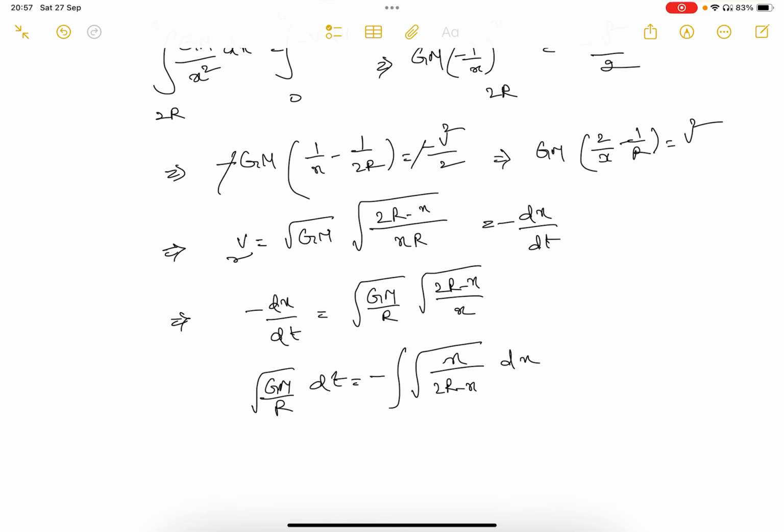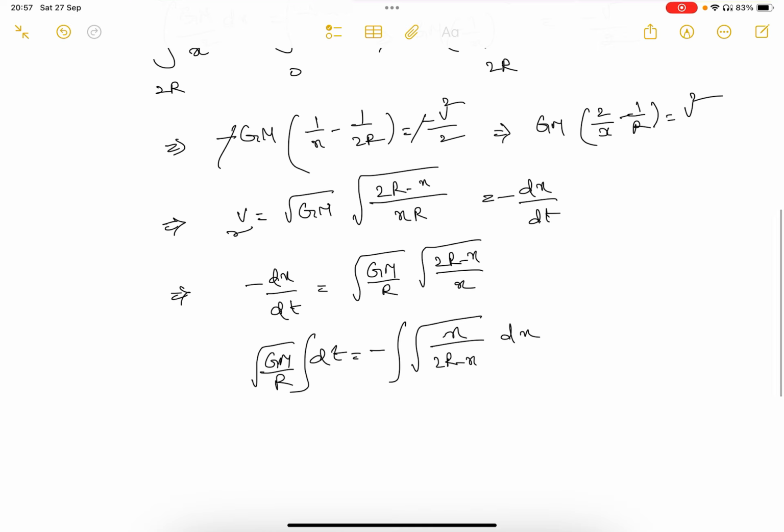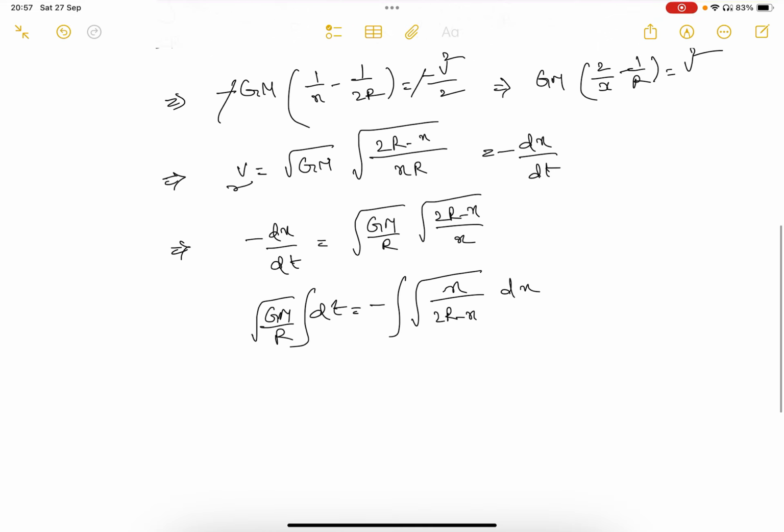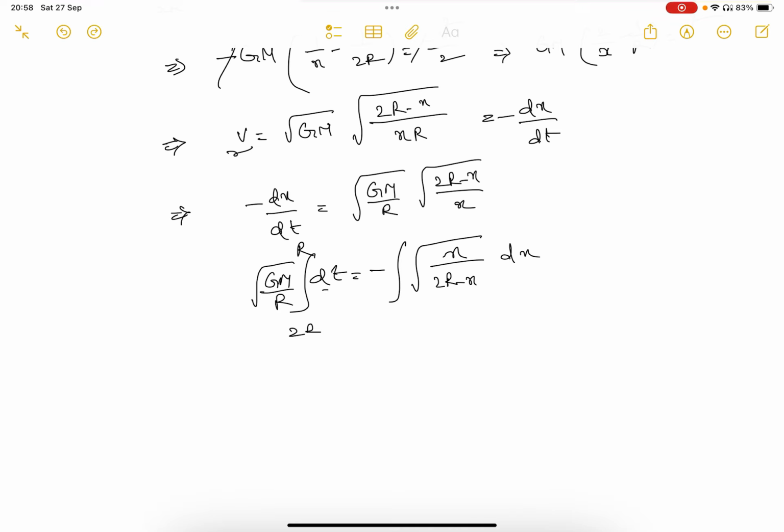Let's try to integrate. We need to figure out the time from 2r to r. So the limits will be time t equal to 0 to tf, and for x, 2r to r.